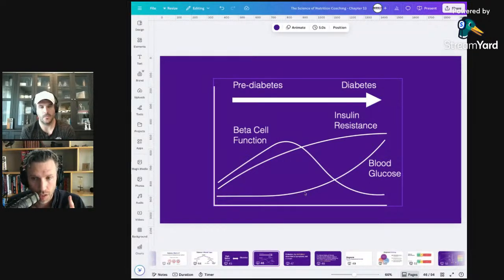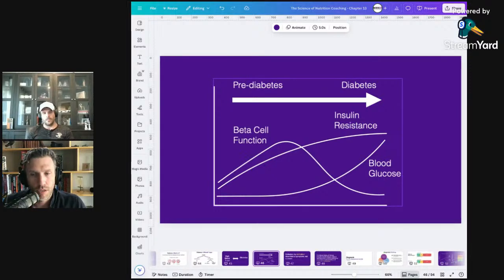But what's interesting is by the time blood glucose levels start to increase above normal, the process has been going on for a while and you've been insulin resistant for a while. And so it's actually true that it's not high blood sugar causes insulin resistance, it's insulin resistance causes high blood sugar.